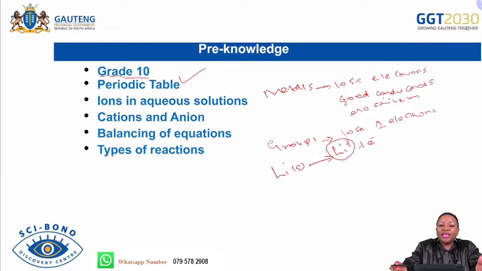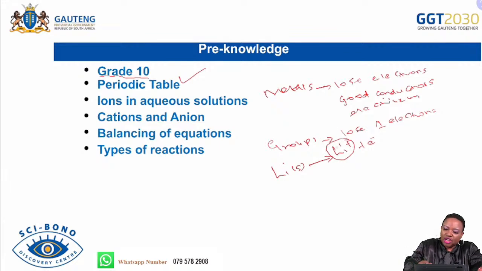The +1 is an indication that it has lost 1 electron, meaning that it has 1 more proton than electrons. I think that is the clearest definition to say why we say it's +1. If you look at the number of protons and electrons after it has lost, shared or transferred an electron, it is going to have 1 extra proton than electrons.